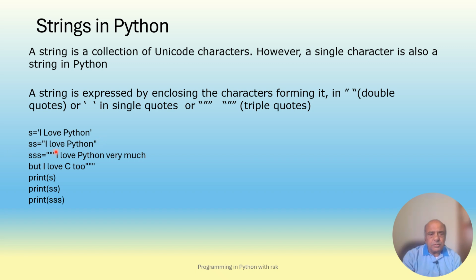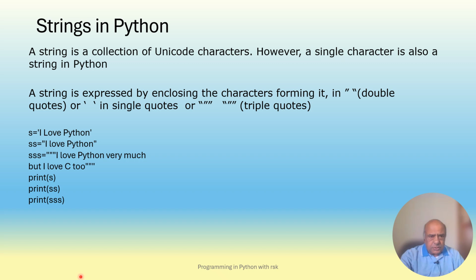SS has the value enclosed in double quotes, and SSS is a string enclosed in triple quotes. You can see here the string is of 2 lines. In S and SS, the strings are of a single line. So whenever we want to enclose a string of multiple lines, that string is enclosed in triple quotes.